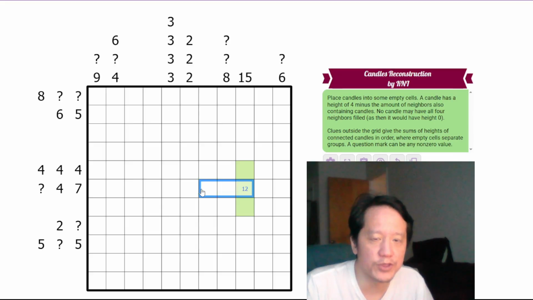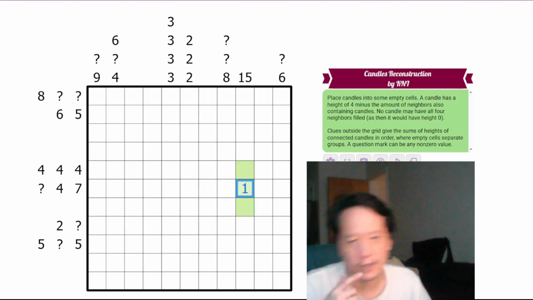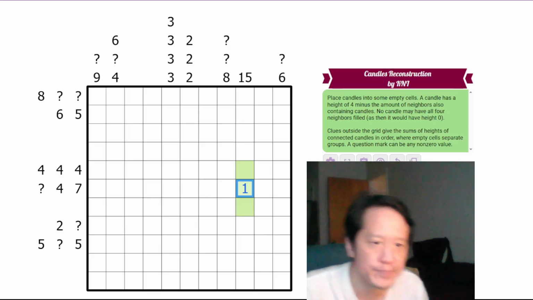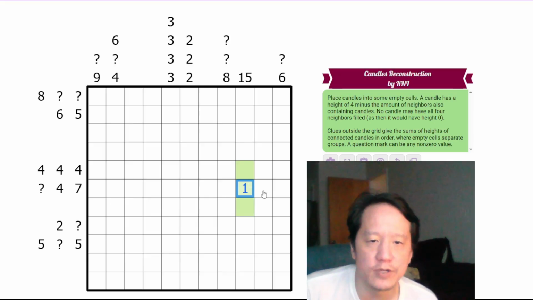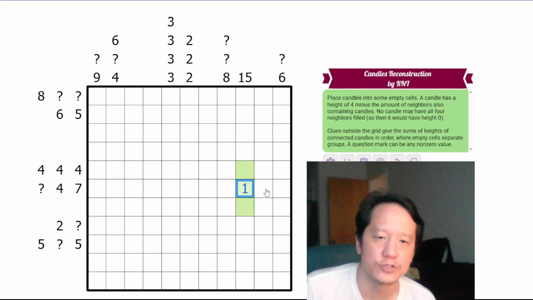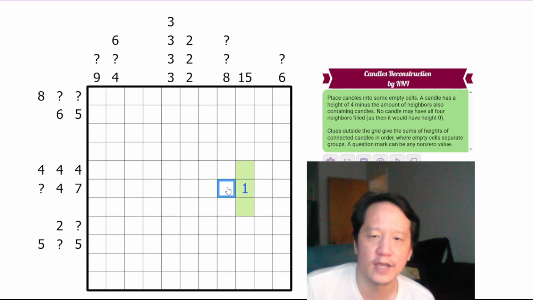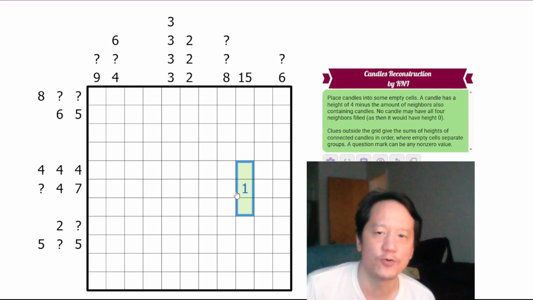Which means it's orthogonally connecting to one of these cells here. So this has to be 1 here, definitely. And if it were to be connected here and not have a candle here, remember, all 4 of its neighbors cannot be filled with candles.